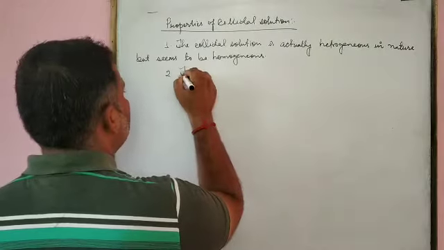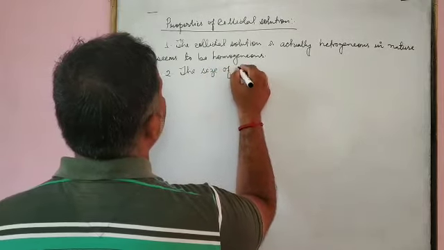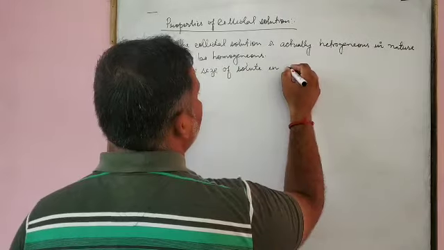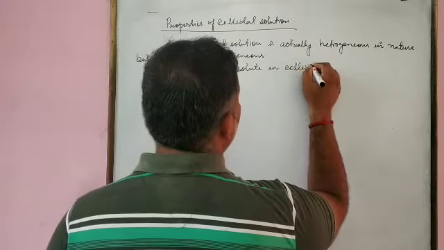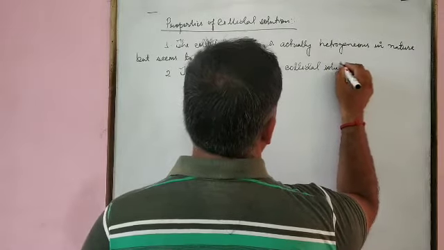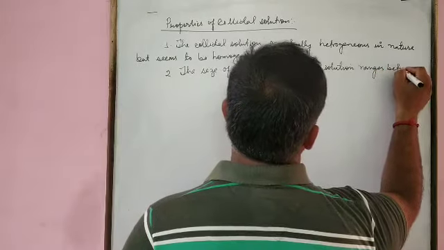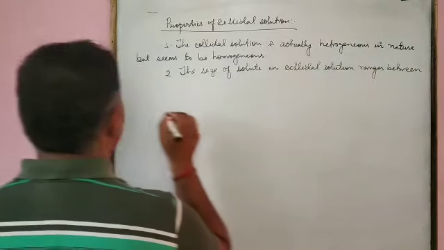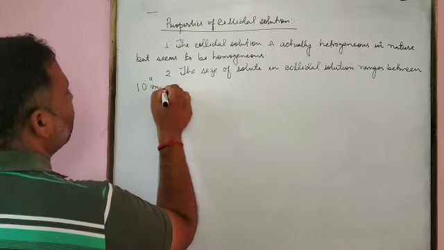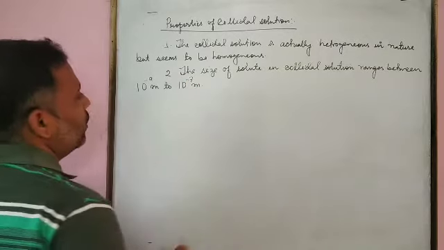The size of solute in colloidal solution ranges between 10 to the power minus 9 meter to 10 to the power minus 7 meter.